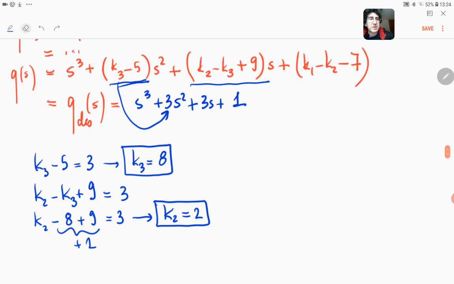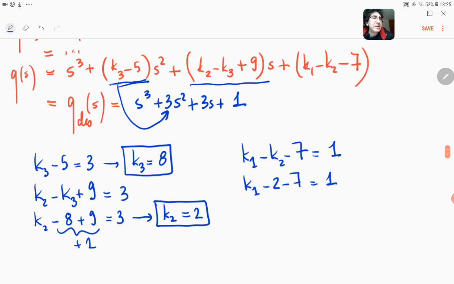So that gave us the second coefficient as well. Remember, this is basically small k. And finally the last equation says K1 minus K2 minus 7 has to be equal to 1. We already know K2, so K1 minus 2 minus 7 is equal to 1.